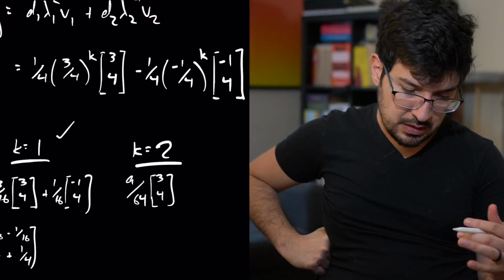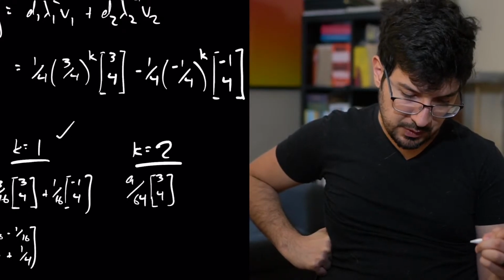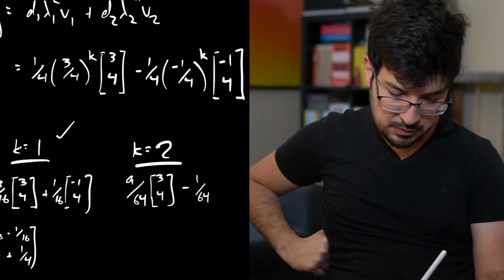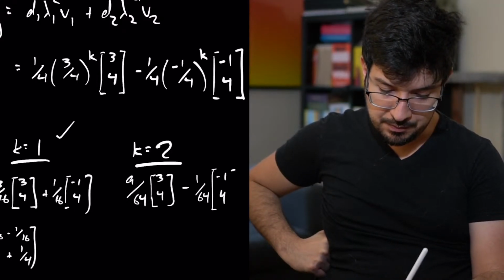Minus 1/64 times the eigenvector negative 1, 4.